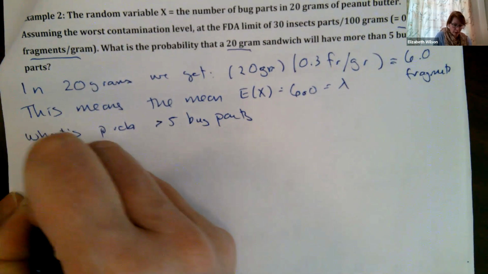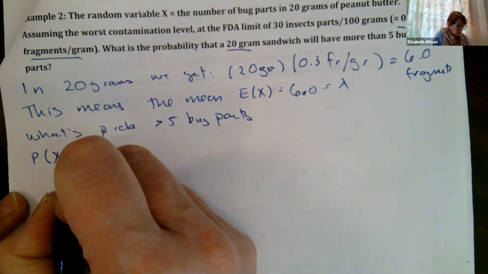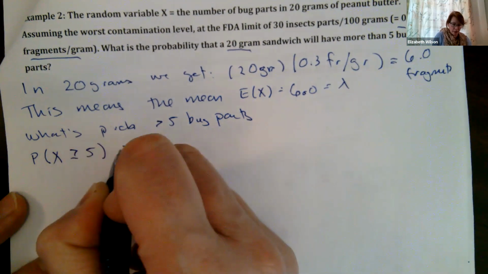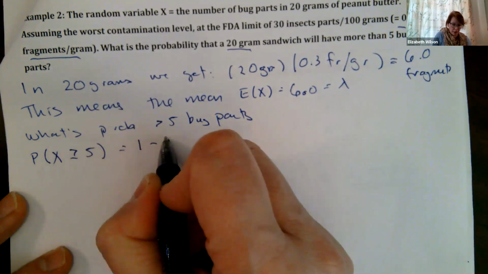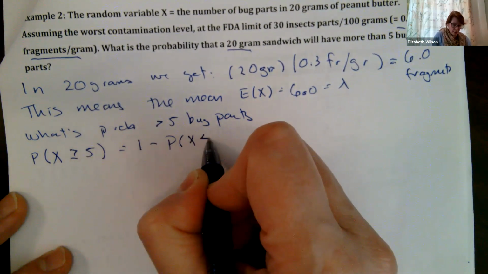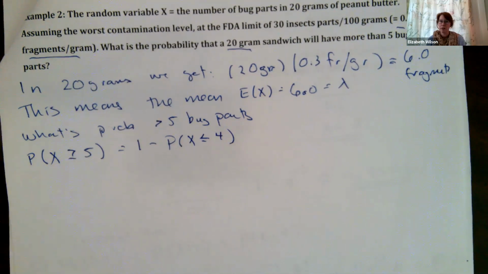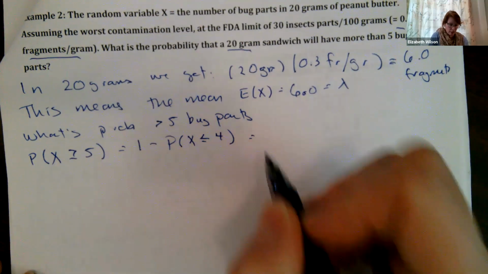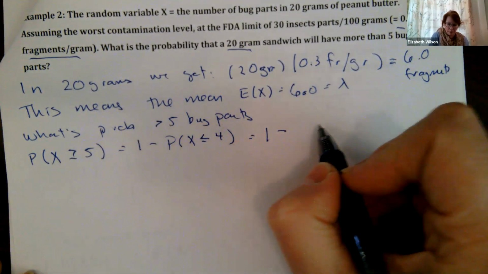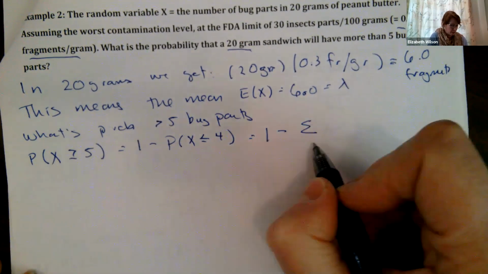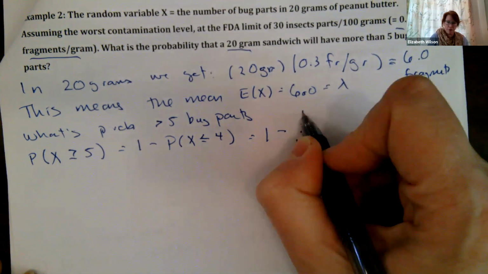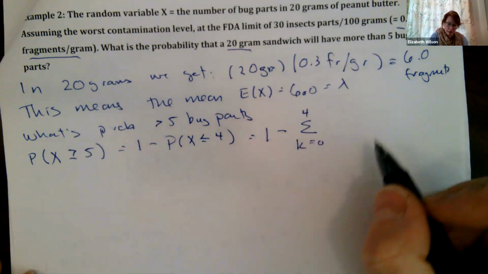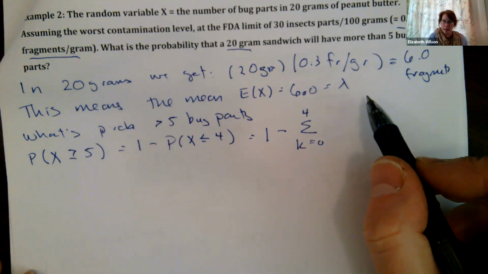The probability that our random variable x is greater than or equal to 5 equals 1 minus the probability that x is less than or equal to 4. This is discrete, so I can use less than or equal to here. So I'm going to go 1 minus the sum, again discrete, from k equals 0 to 4 of the Poisson distribution.